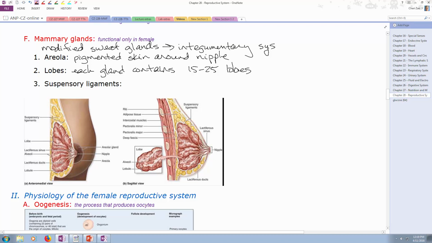And so what muscle is the mammary tissue attached to? The pectoralis major.